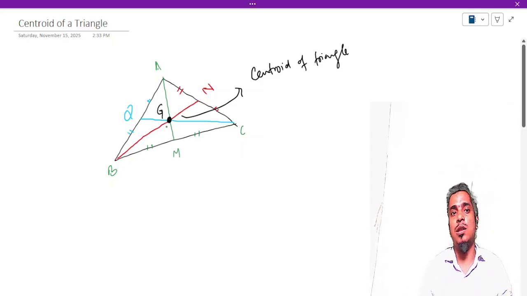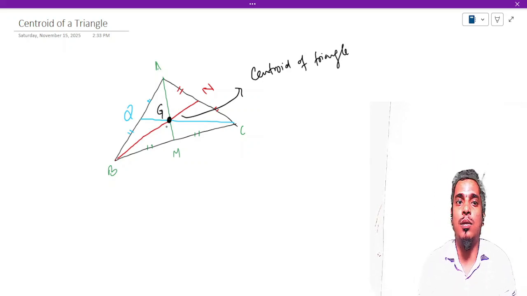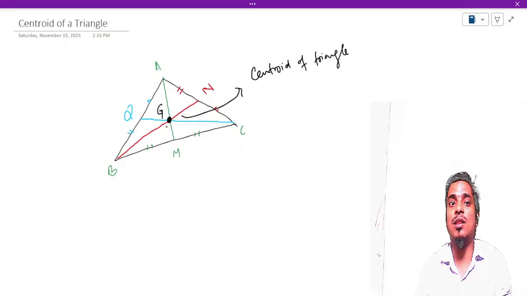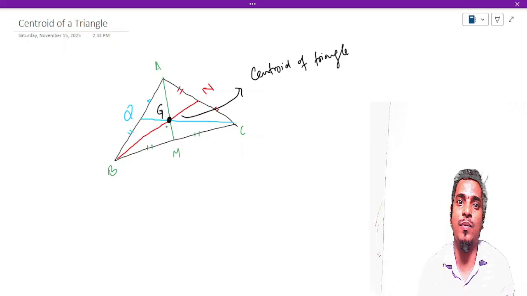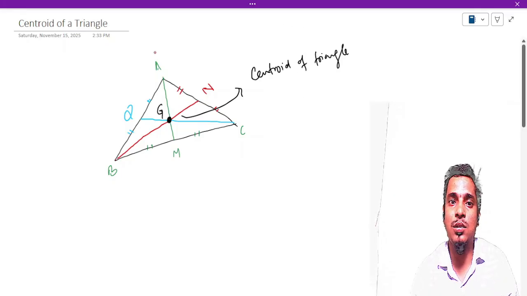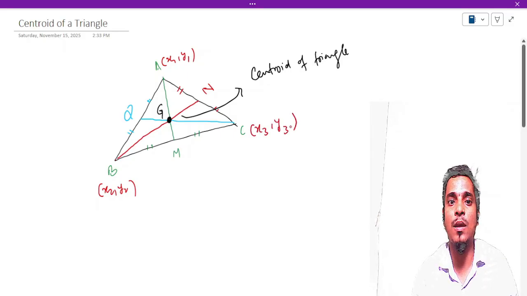Here we need to learn about the centroid of a triangle when the three vertices of the triangle are given. Let's say the vertices of the triangle are x1 comma y1, x2 comma y2, and x3 comma y3.